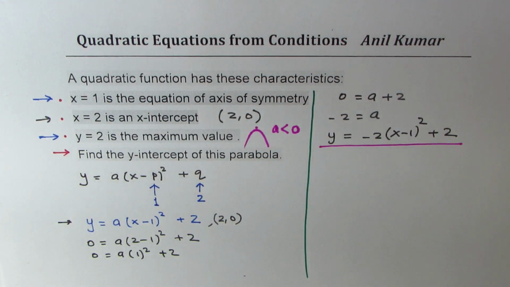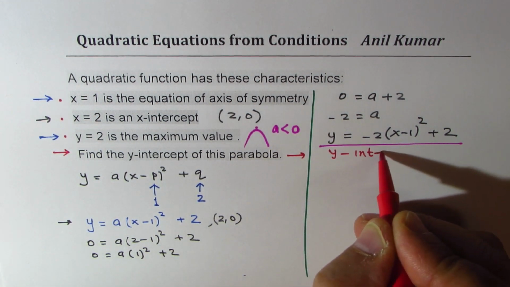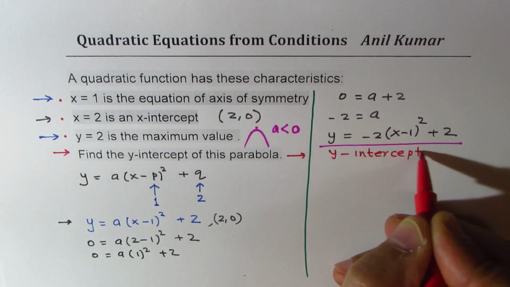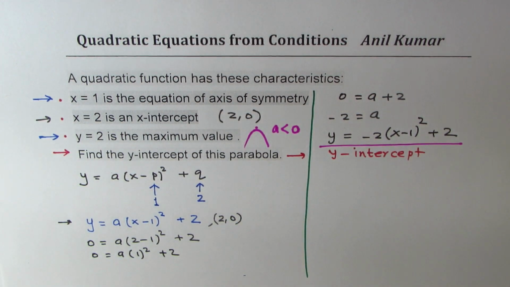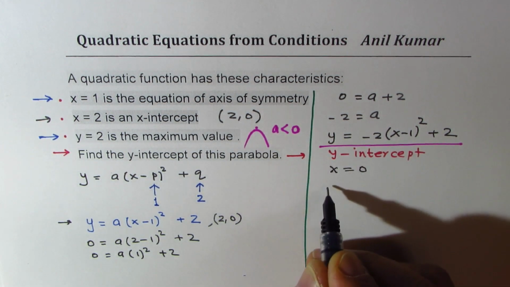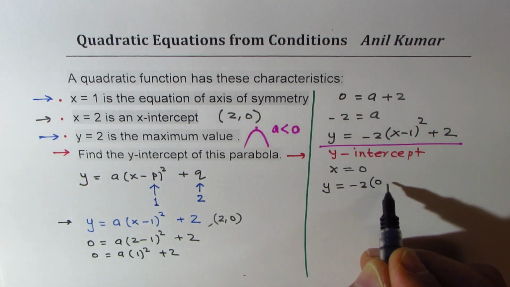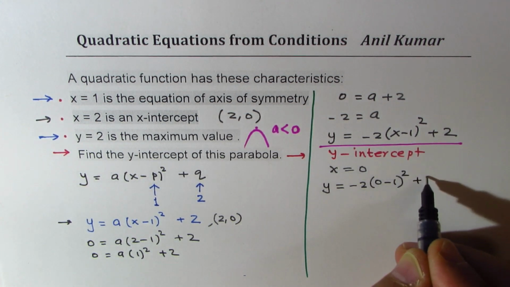Now we'll move on to the next part of the question, which is to find the y-intercept. Okay, so now let's do this part. Y-intercept means the x value is 0. So in our equation, we'll write x equals 0 and calculate y, which is minus 2 times (0 minus 1) whole square plus 2.